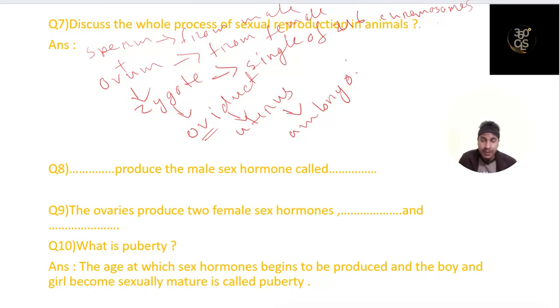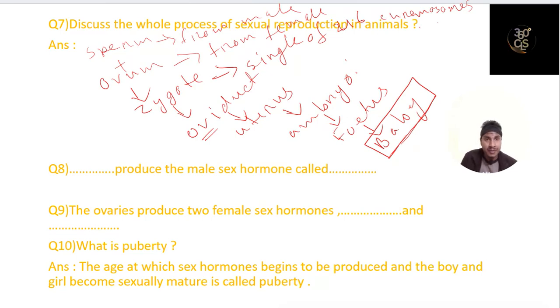And this embryo develops into a fetus, and from the fetus a baby child. So from the fetus the baby develops. So this is the last stage of sexual reproduction in animals.